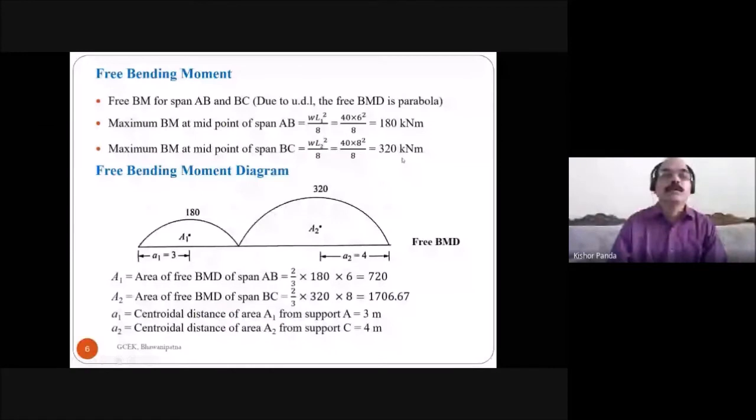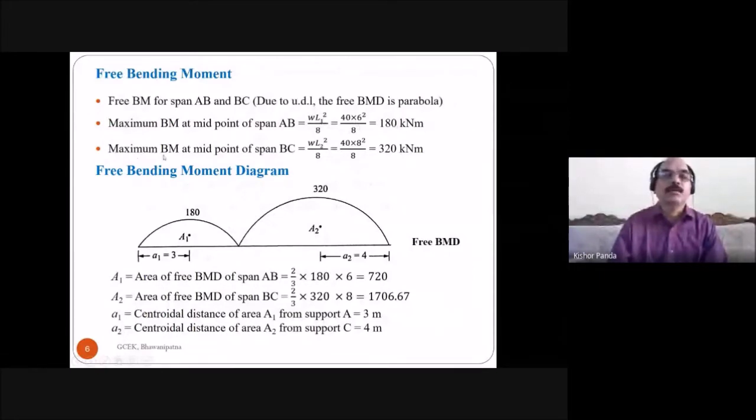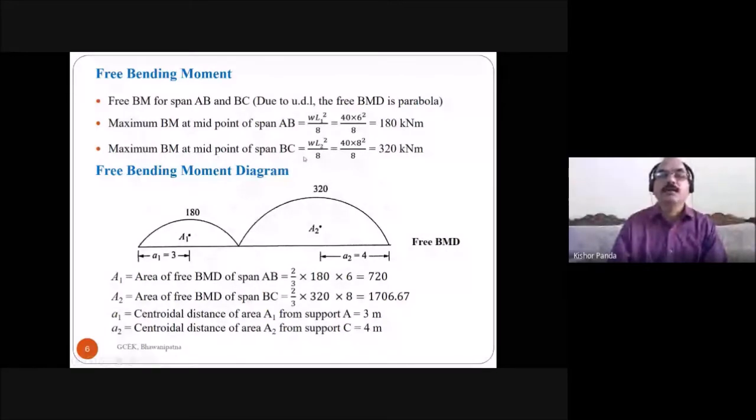So what is the maximum bending moment? The maximum bending moment at the midpoint of span AB is W L1 square by 8, 40 into 6 square by 8, which is equal to 180 kilonewton meter. Similarly, the maximum bending moment at the midpoint of span BC is W L2 square by 8, 40 into 8 square by 8, which is equal to 320 kilonewton meter.